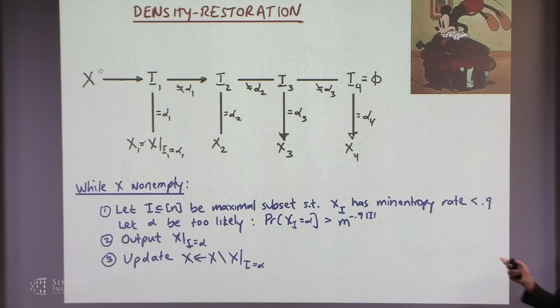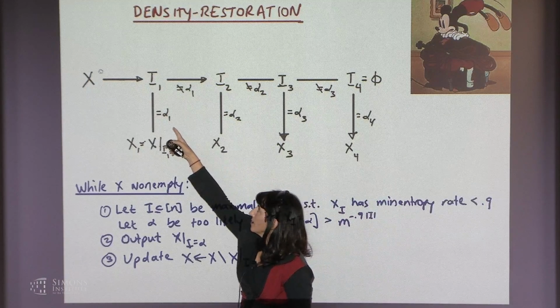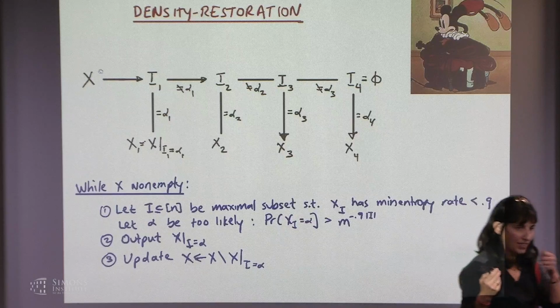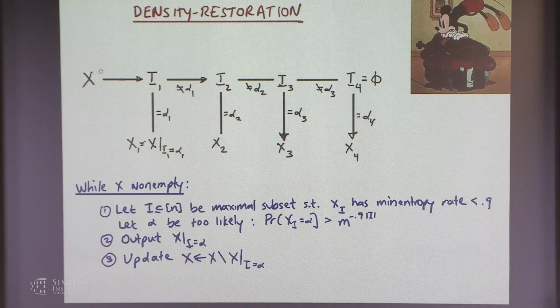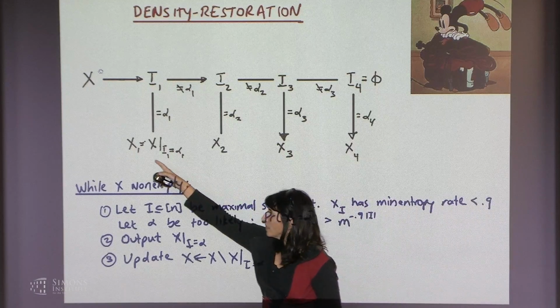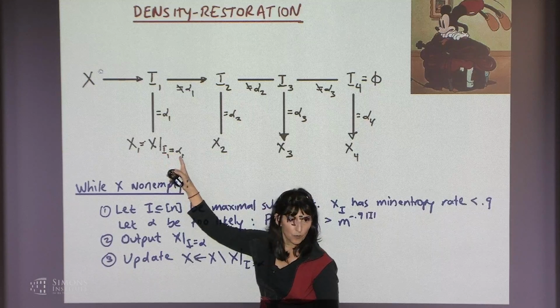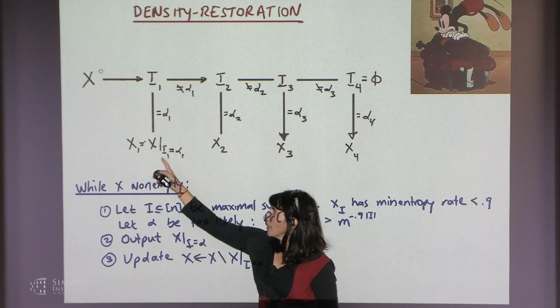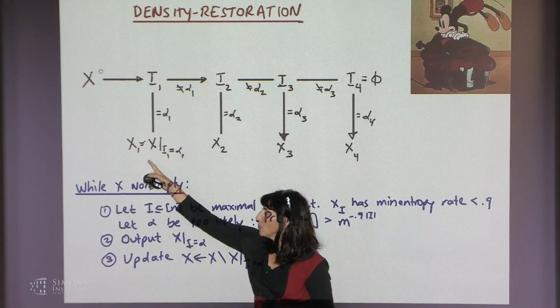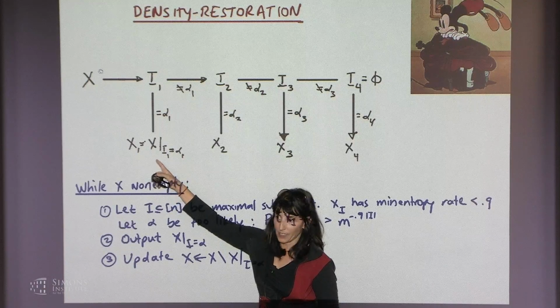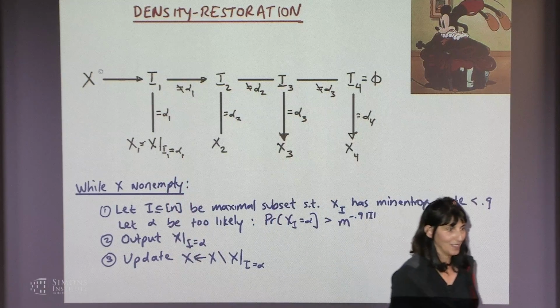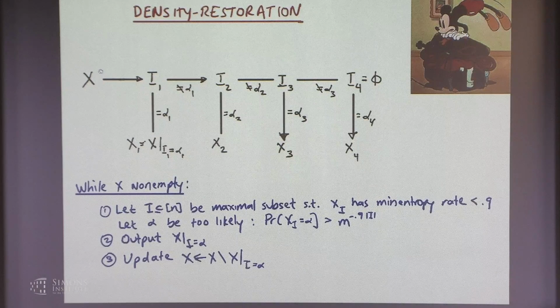Let's say alpha 1 is that value of all the coordinates. So we're fixing all the coordinates in I1 to some particular value that's too likely. And x1 is the subset of X where I1 has been set to alpha 1. Once you pull out x1, x1 will now be dense because we took the maximal subset that wasn't dense.